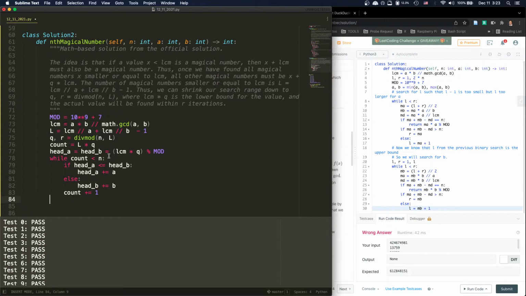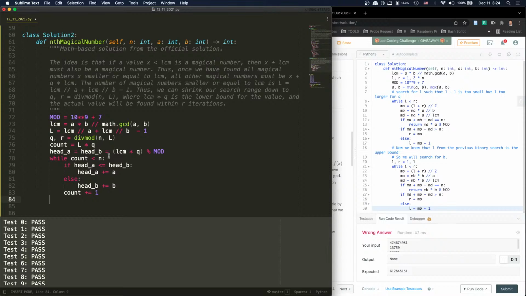I don't know about that. If head A is small, come on, just merging the two things. Yeah, we shall return the smaller of the two, right? And once increment on one side, right?